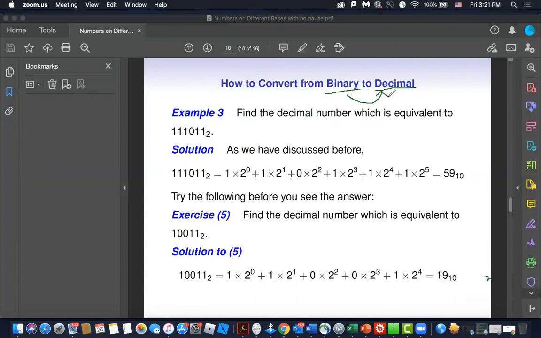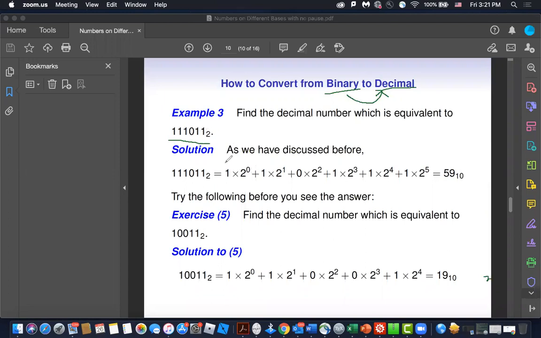Binary to decimal. We sort of mentioned this earlier, if you still remember. So we look at a number in the binary form like this. We always start from the right. You use the digits from the right one by one. For each digit, you multiply by a power of 2.